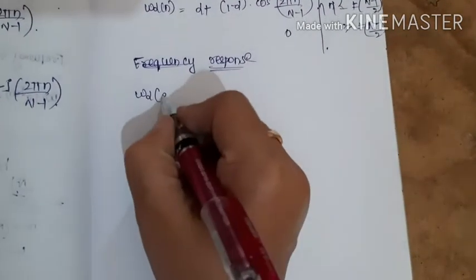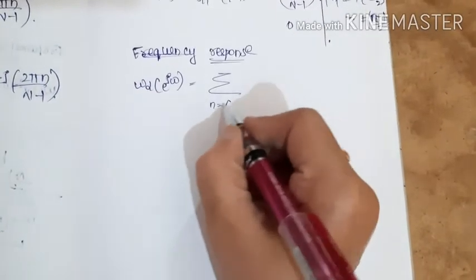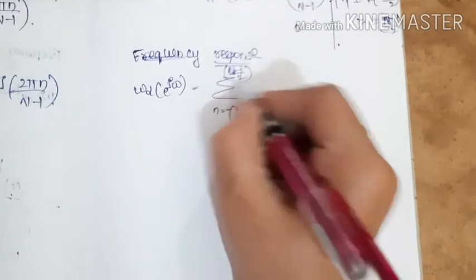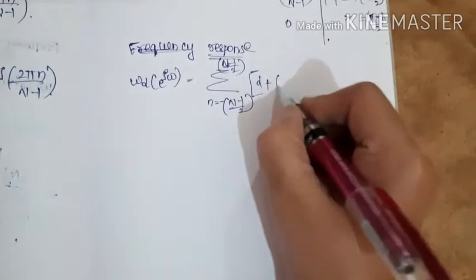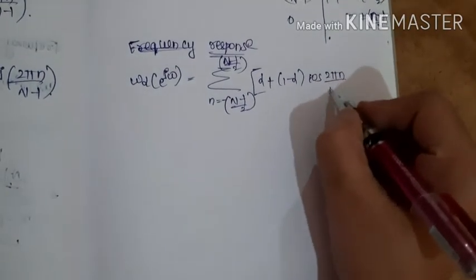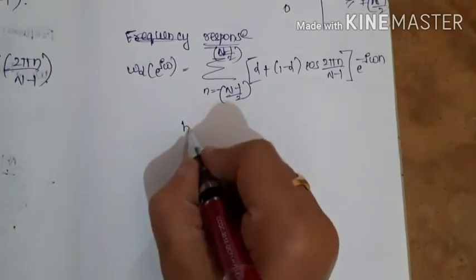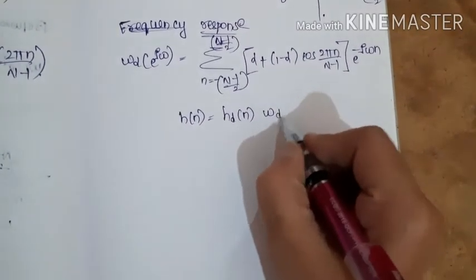W alpha of e power j omega is the summation from n equal to minus (n minus 1) by 2 to plus (n minus 1) by 2 of h of n, which is the above function, alpha plus (1 minus alpha) into cos of 2 pi n by (n minus 1), into e power minus j omega n. So actually h of n is nothing but hd of n into wd of n.